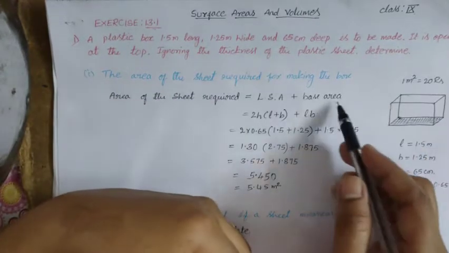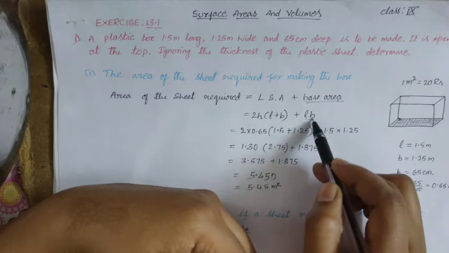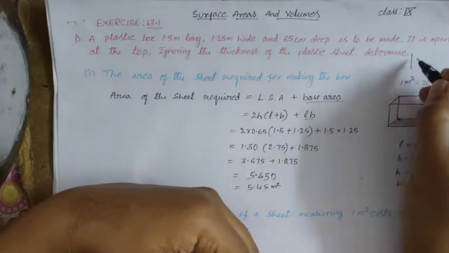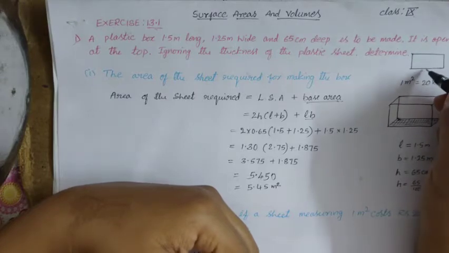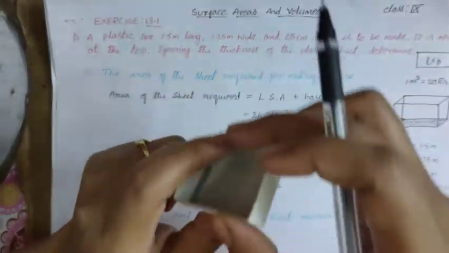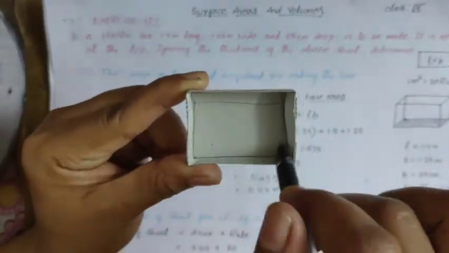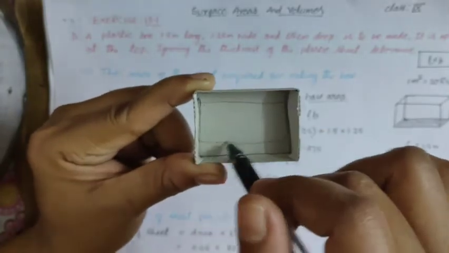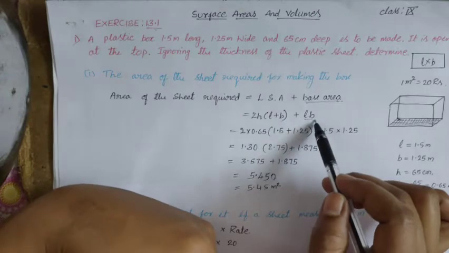The base area of the cuboid is nothing but length into breadth, because the base is in the form of a rectangle. So the area of the rectangle will be L into B. So the area of sheet required for making this box is, one is the lateral surface area, the other one is the base area. The base area is the rectangle area, that is length into breadth.